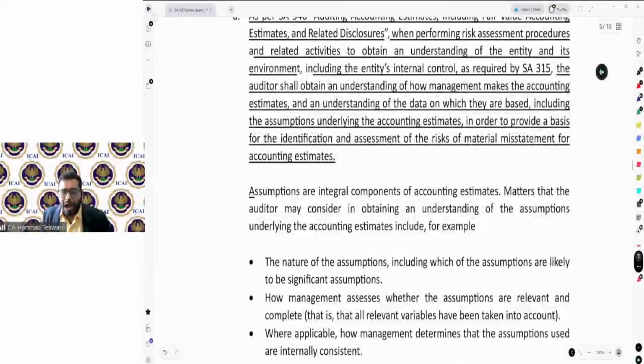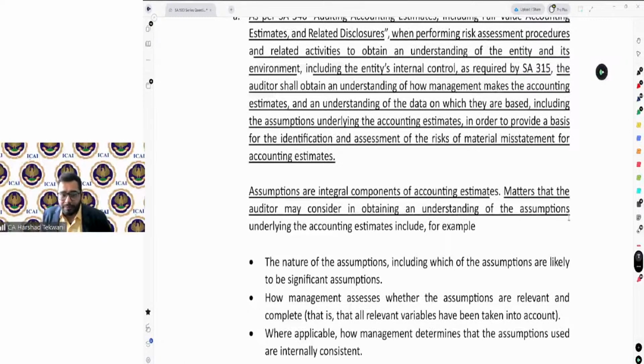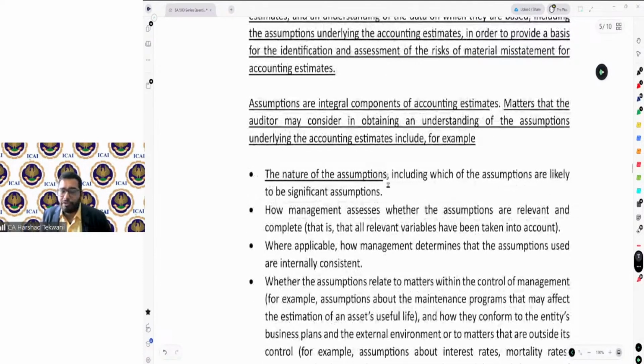Now, assumptions are integral components of the accounting estimates. Matters that the auditor may consider in obtaining an understanding of the assumptions underlying the accounting estimate include, for example, the nature of assumptions, including which assumptions are likely to be significant assumptions.